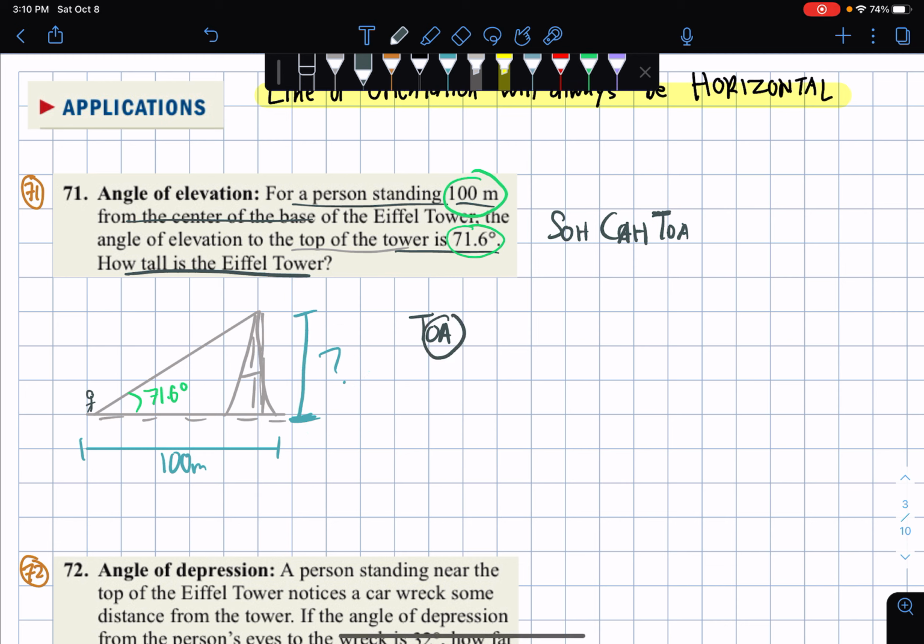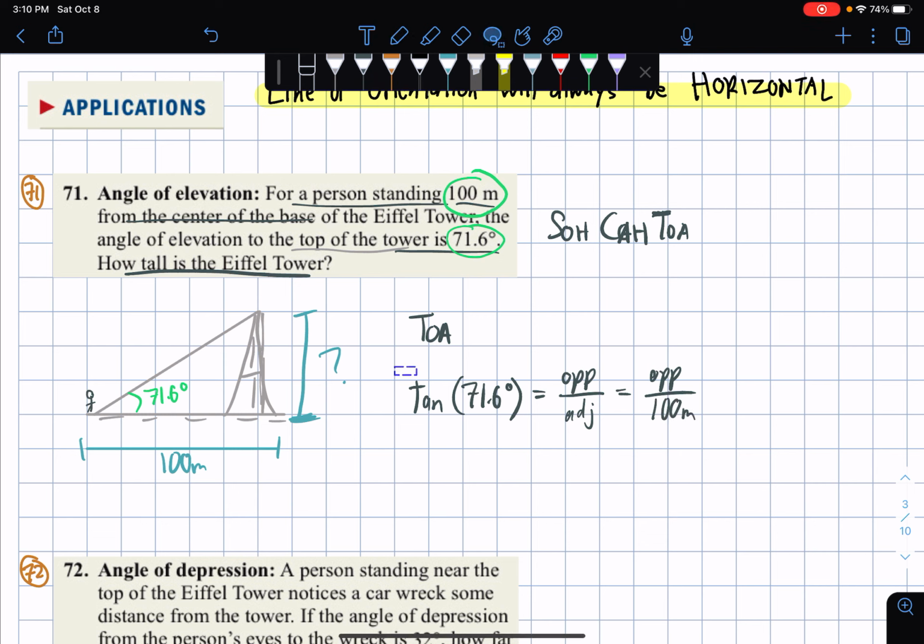As you can see here, O and A mean opposite and adjacent respectively. So tangent theta, which would eventually be 71.6 degrees, would be equal to opposite side over adjacent. Our opposite is missing, but our adjacent is given, which is 100 meters.